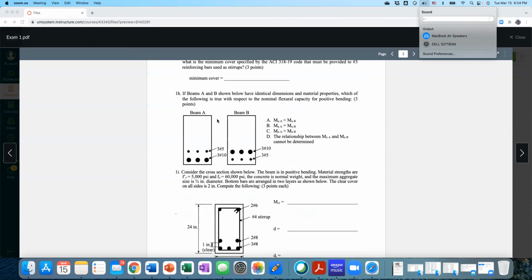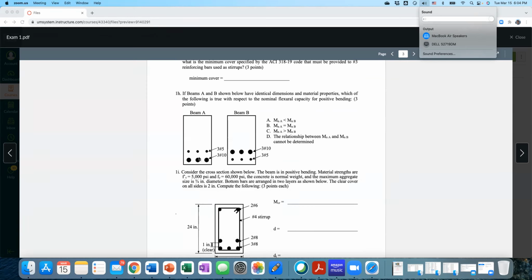1H, you have configuration A, configuration B. The difference between A and B is that, well, actually the similarity between them is both have 2 rows of reinforcement. One has a number 5 in the first row on top. The other has number 10 in the first row on top. So it's kind of a bit heavier set for A, right? Which means the centroid of the group of bars is lower, right?